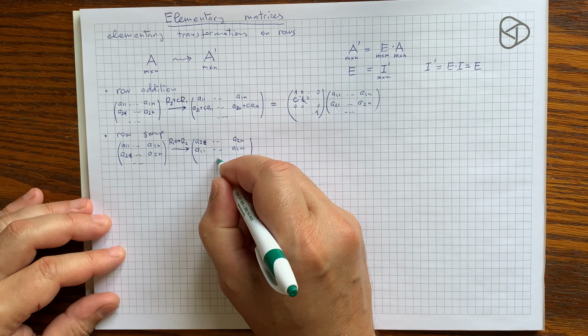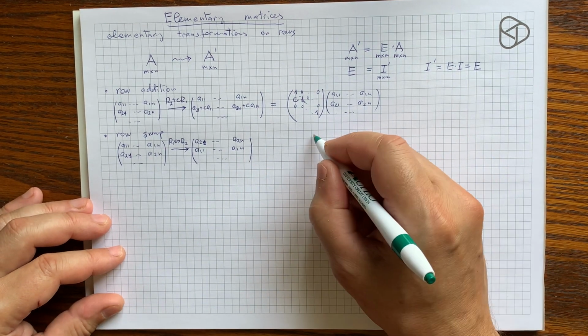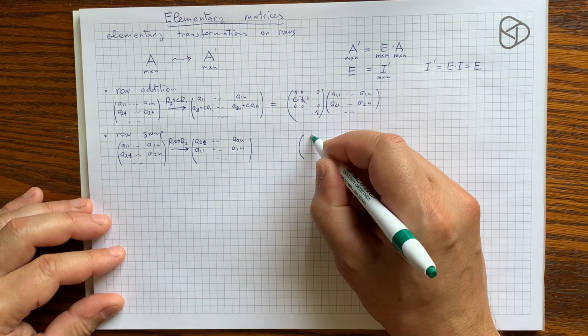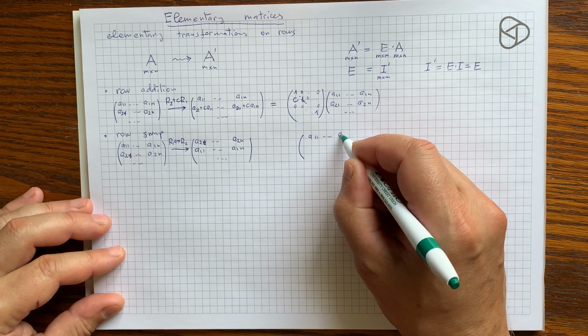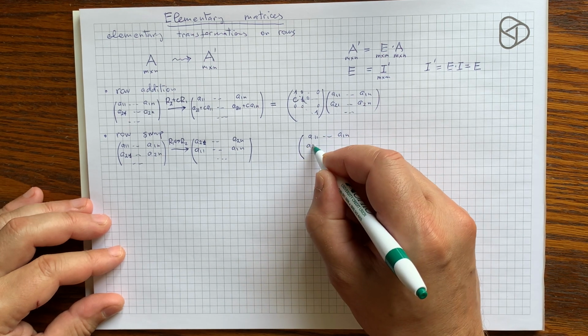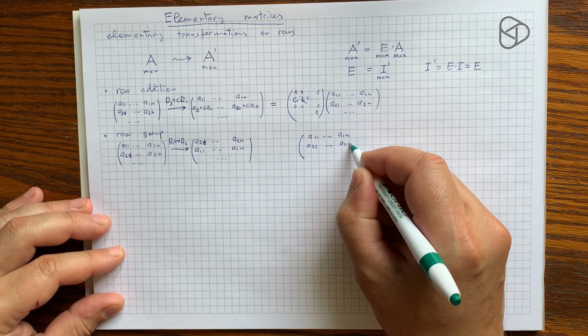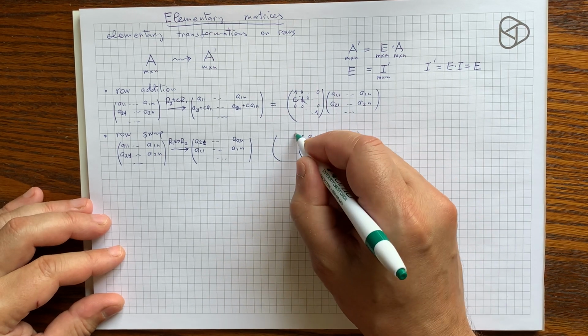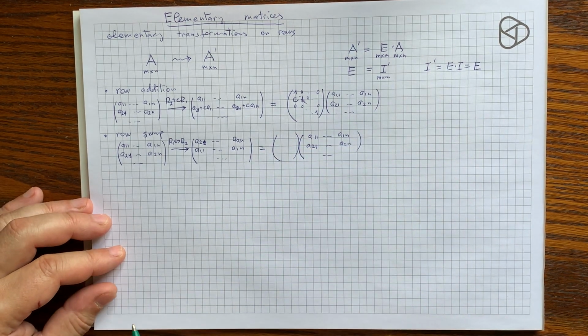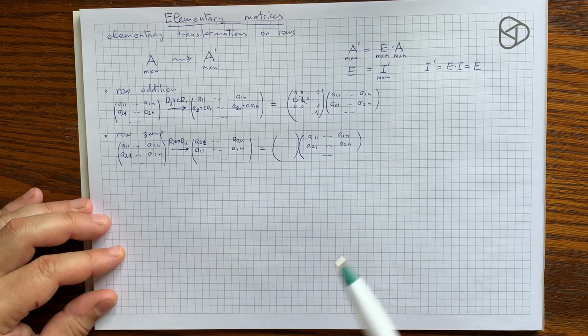Under this row swap, the rest of the matrix stays the same. And again, we can write it as a result of matrix multiplication, the original matrix multiplied by the elementary matrix for the row swap type.